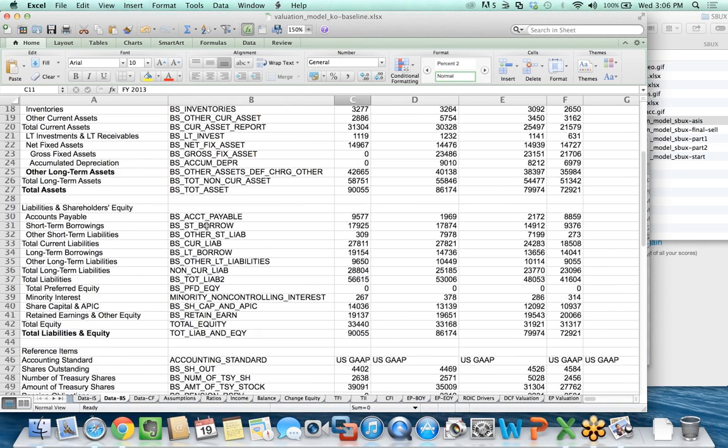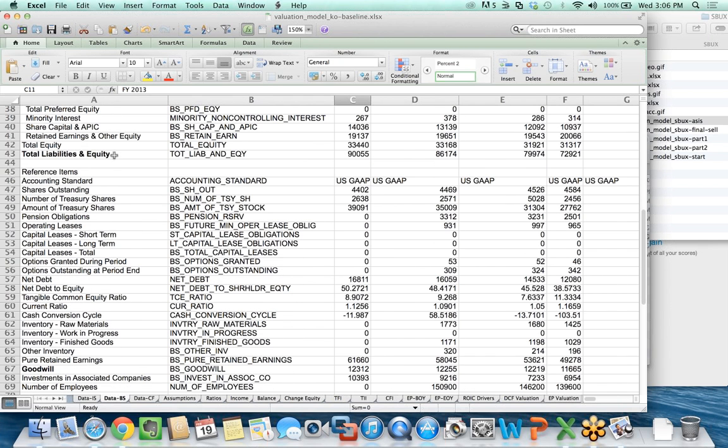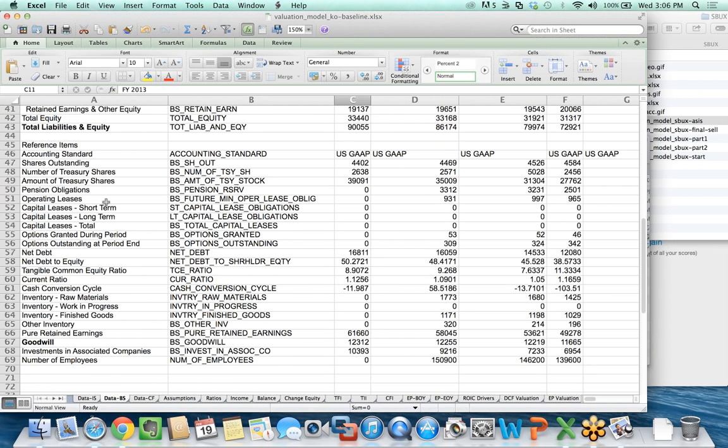But here's the thing. There are footnote data, and the footnote data is not standardized company by company, and Bloomberg puts the footnote data into something called the reference items section. What's important about the reference items section is, unlike the standardized balance sheet data, the reference items are not standardized company by company, and they don't always occur in the same row based on where the analyst puts them in. Some companies have fewer of them, therefore they show up in different rows.